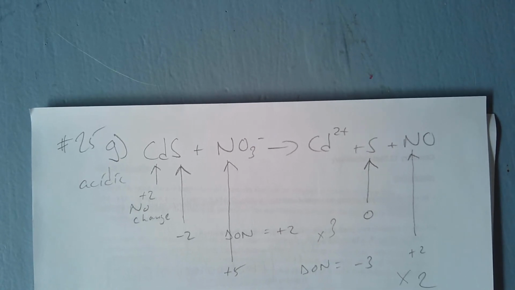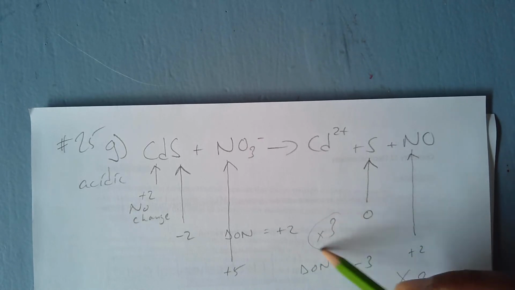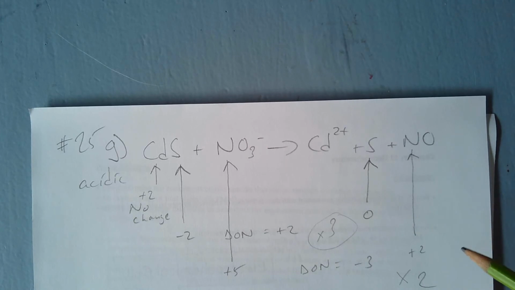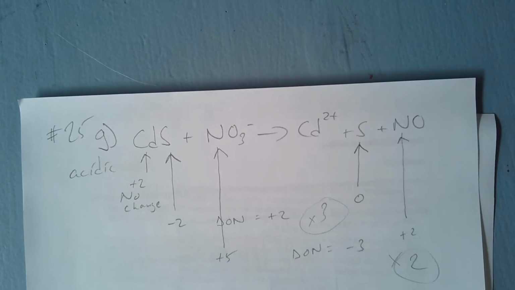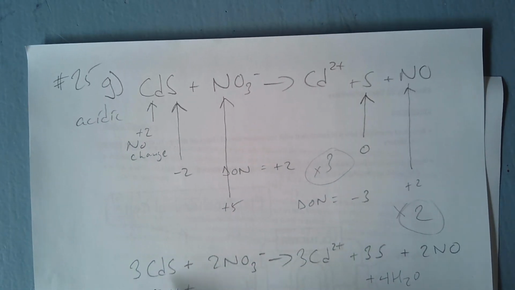So you multiply the sulfur by 3 and the nitrogen by 2. Now you get 3 cadmiums here and 3 cadmiums here, but, sorry, we've got 2 nitrogens and 2 nitrogens.